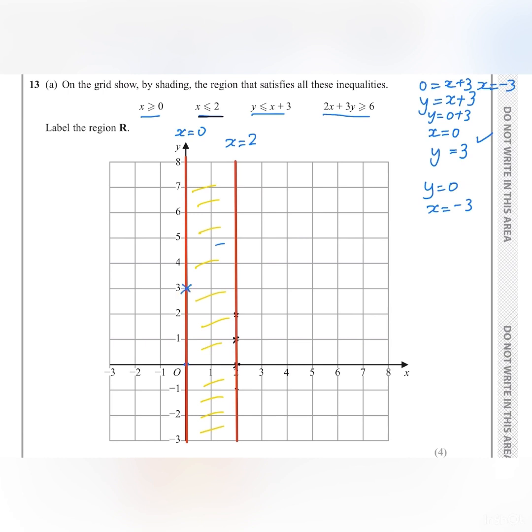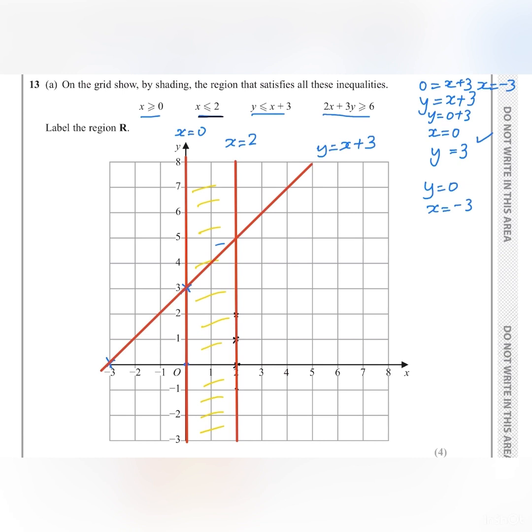And then when y is 0, x is minus 3. So another point will be here. So again, just draw your line out through these points. As I said, 2 points are good enough to draw a straight line through there. So that is our line for y equals x plus 3.